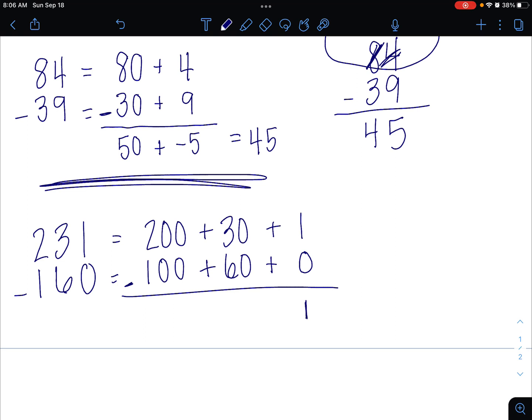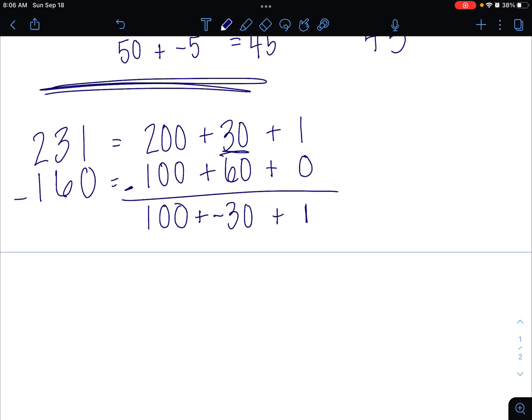30 minus 60. So I know this is going to be negative because this number on top, this 30, is smaller. So this is actually going to be negative 30. And then 200 minus 100 is 100. So now I have 100 plus negative 30 plus 1.